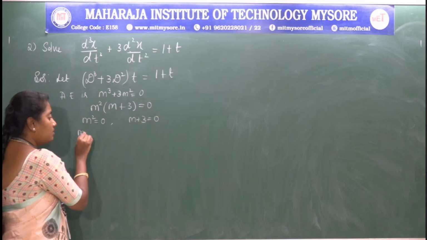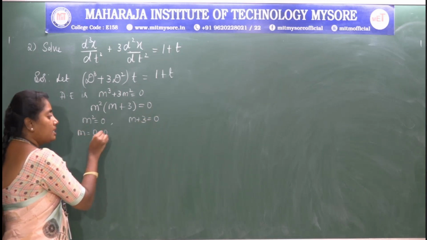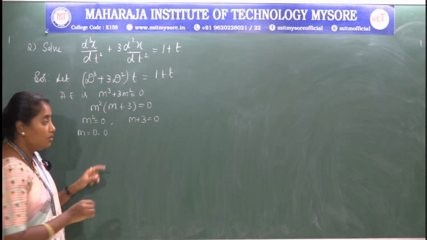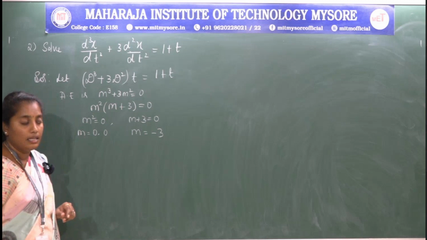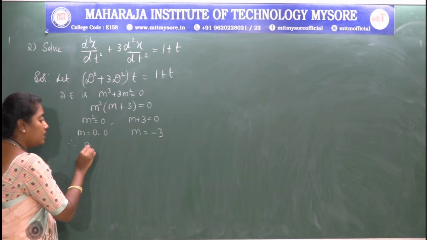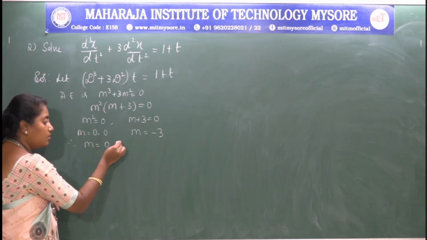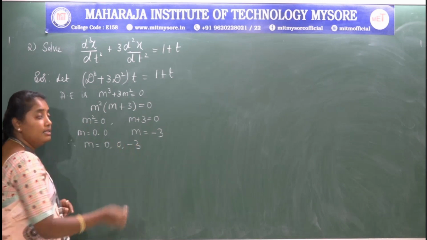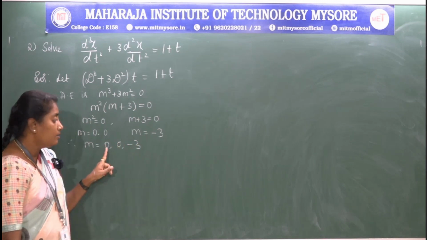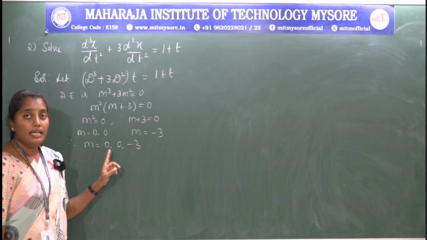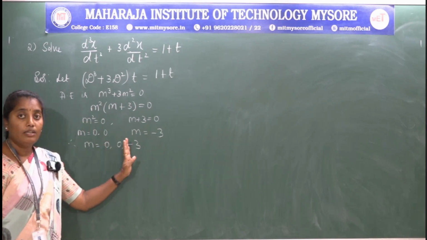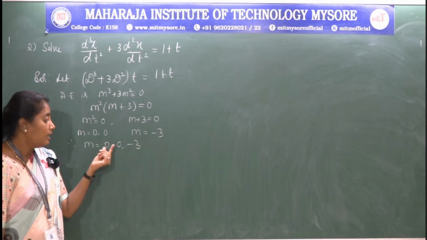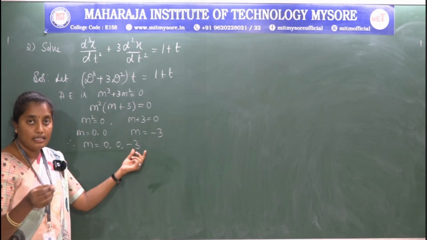M square equal to 0 is nothing but m is equal to 0, 0 and m is equal to minus 3. Therefore the complete roots are m is equal to 0, 0, minus 3. Here the first two roots are real and coincident, and the last is real and distinct.